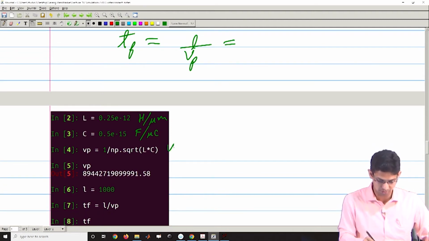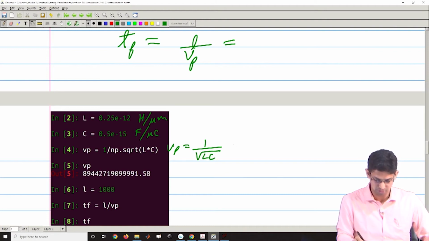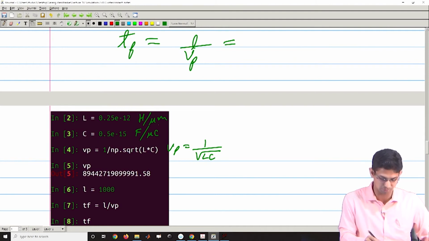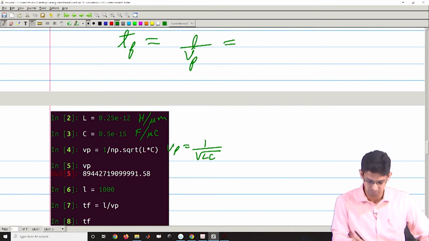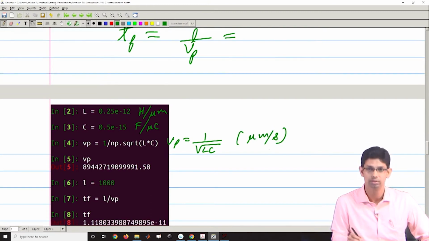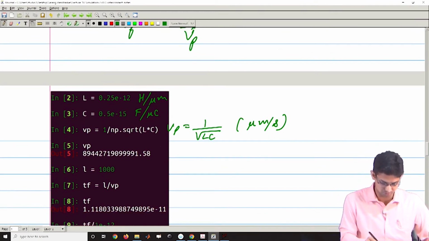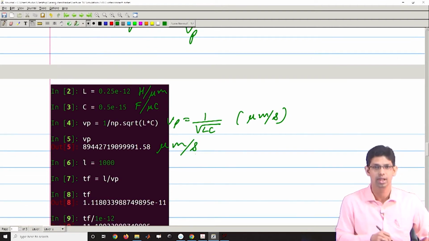From here you can get Vp equal to 1 by root over LC, and since these are in units of per micrometer, the Vp you will get is in the units of micrometer per second.